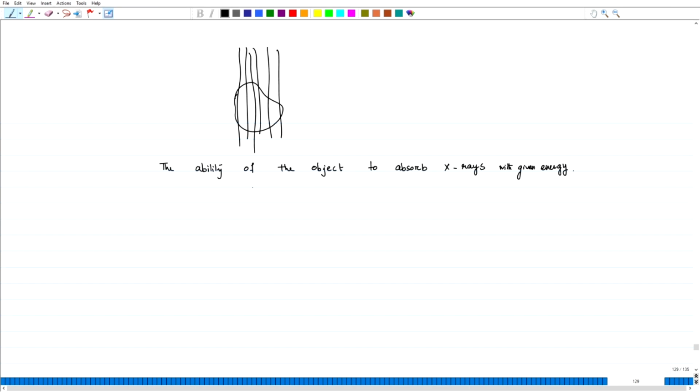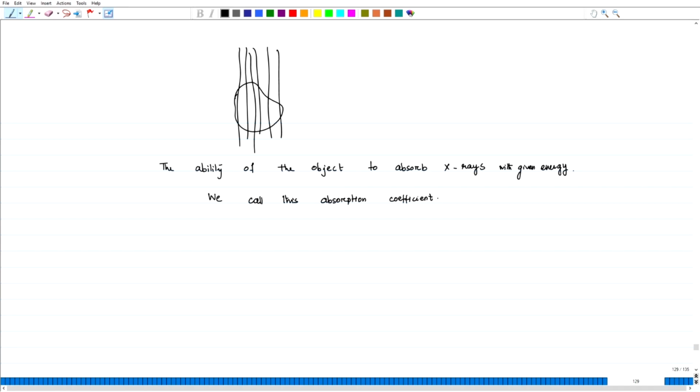So, we call this the coefficient. So, usually what we take is that this coefficient is a function.